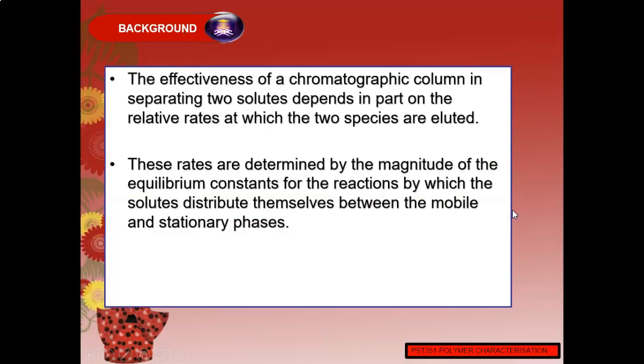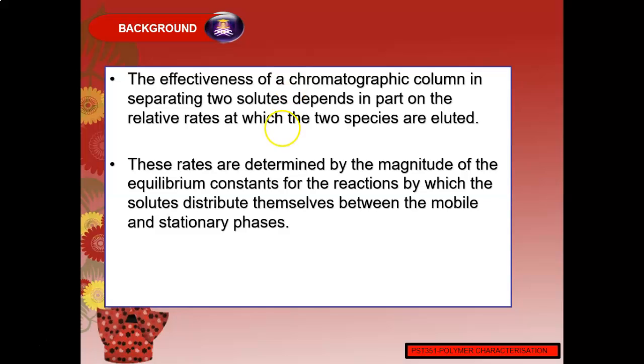The effectiveness of a chromatographic column in separating two solutes depends in part on the relative rate at which the two species are eluted. So, for you to determine the compound separated, you need at least two compounds so that you can make a comparison.